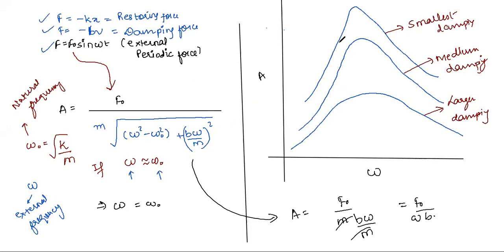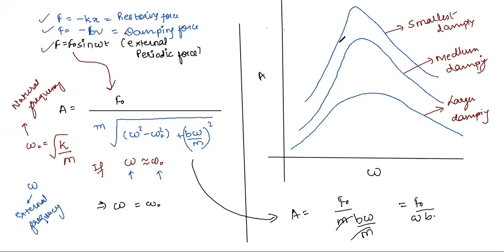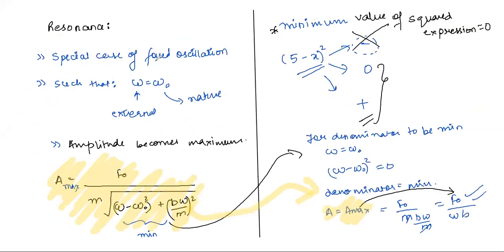Then we saw how vibrations get damped, and how this external periodic force prevents the damping by giving it external support, right? And there is a special case we saw which is called resonance, right?